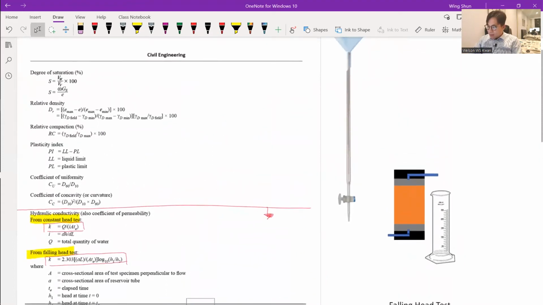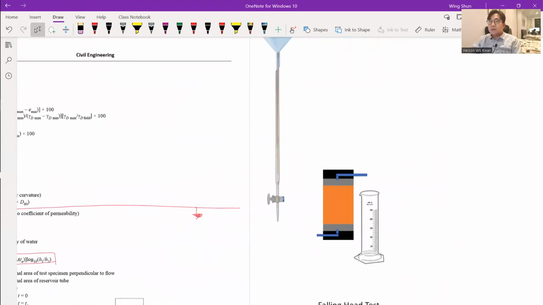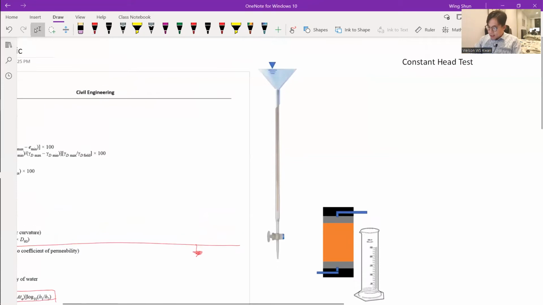So I have a laboratory setup here to describe the constant head test.